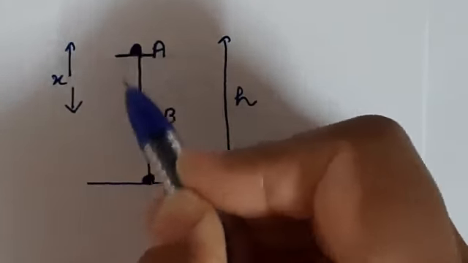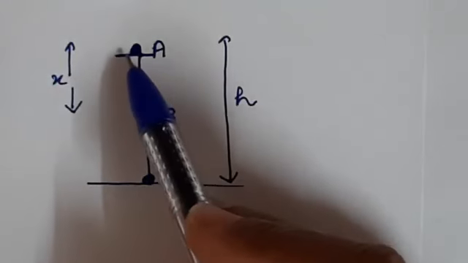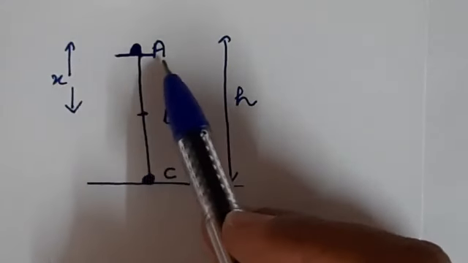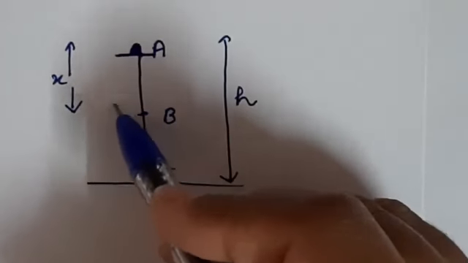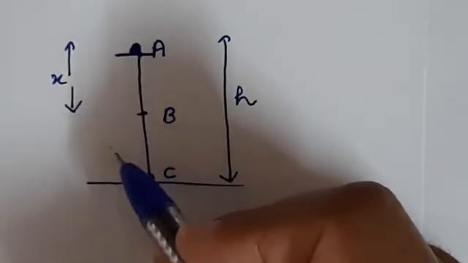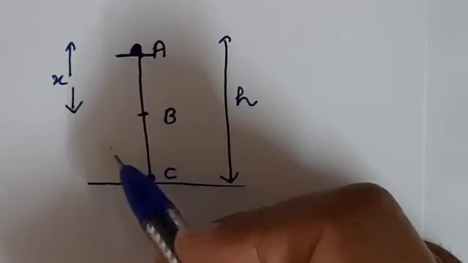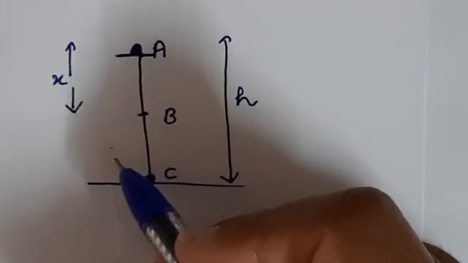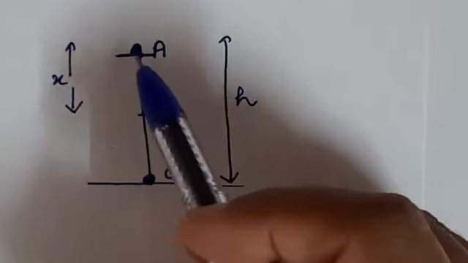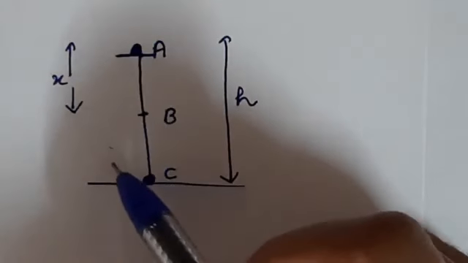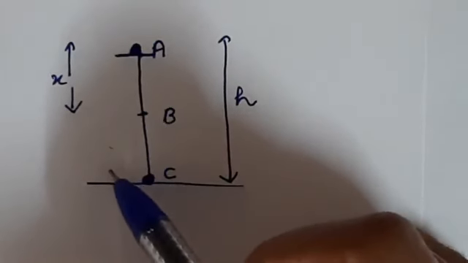Let this point be A. Now from this height the object is falling downward, which means it is under free fall. What do you mean by free fall? When objects fall freely under the gravitational force alone, that object is said to be in free fall.